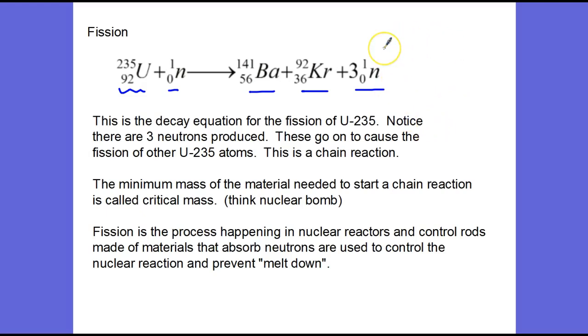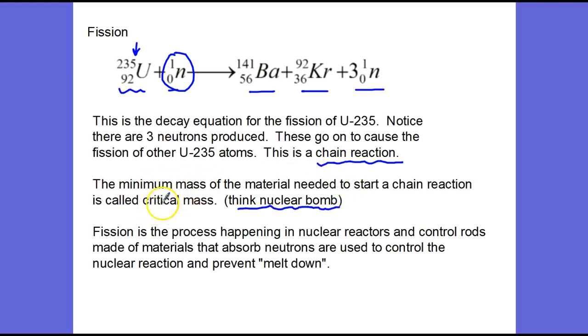So if you have a whole bunch of uranium-235 and one of them undergoes fission, it supplies 3 neutrons that can be used to make 3 other uranium-235 atoms go through fission themselves, which will then produce 3 each. So that'd be 9 more neutrons to make more uranium go through fission. And so it's a chain reaction. And if it's uncontrolled, think nuclear bomb, that could be bad.